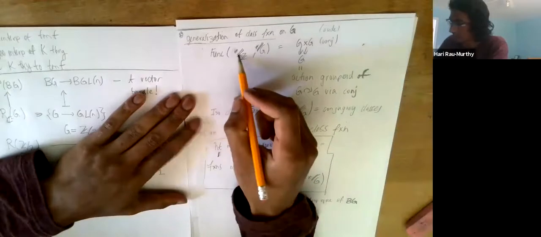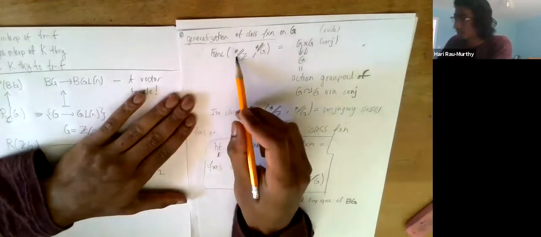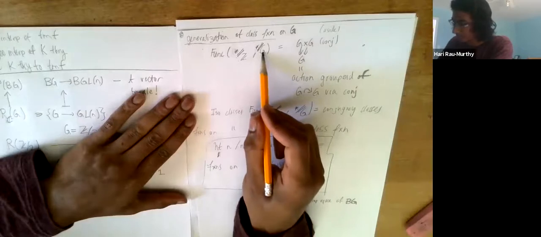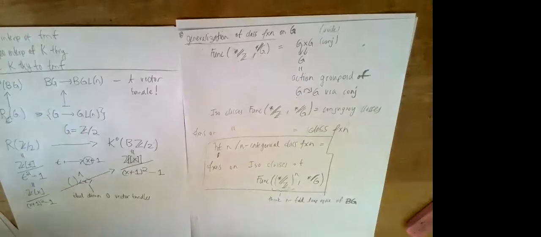So if we look at functors from BZ into BG, this is the same as homotopy classes from BZ to BG, and this is the same as conjugacy classes in pi1 of BG. So this is the same as conjugacy classes in G.